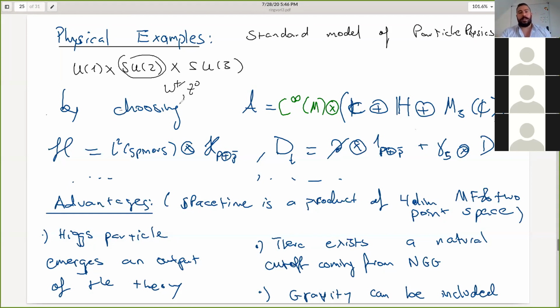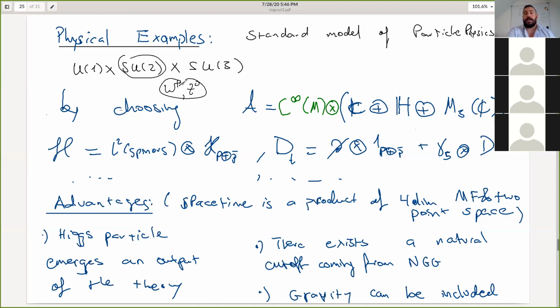And the Higgs particle gives those ones mass, because usually, if you have a gauge theory, the mass breaks the gauge invariance, which is very important, and the Higgs particle is a mechanism to put this in. Usually you have to put it in by hand, and the advantage in non-commutative geometry is that it emerges as an output of the theory.